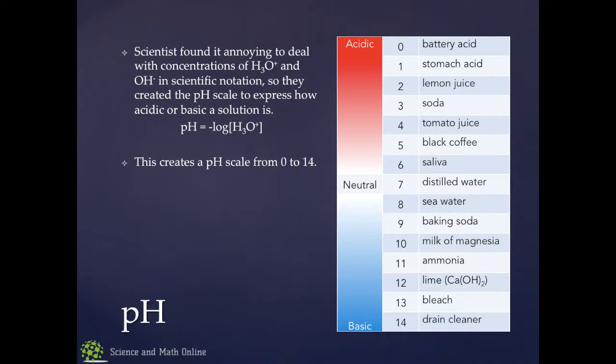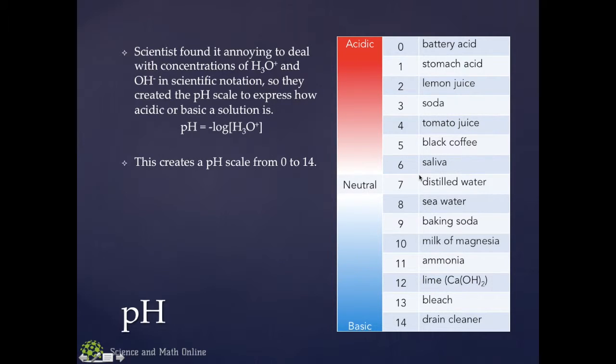And so we get a pH scale, with 0 being the strongest acid, 14 being the strongest base, and 7 down the middle, which we call neutral. As we move down, we get less acidic until we get to neutral, and then we start getting more basic as we go this way. You can see some general ideas here.